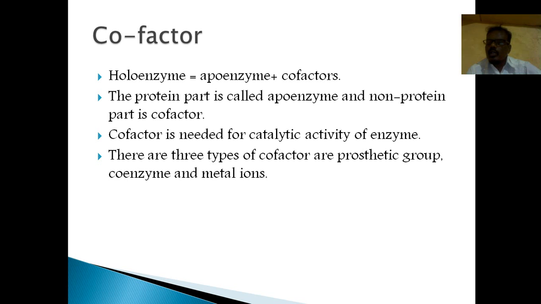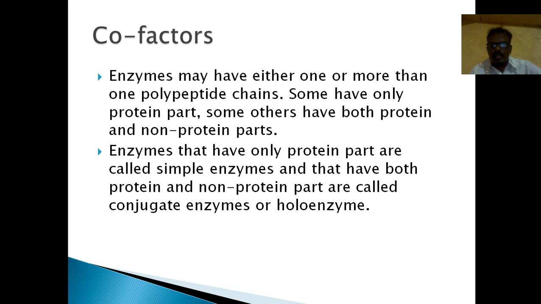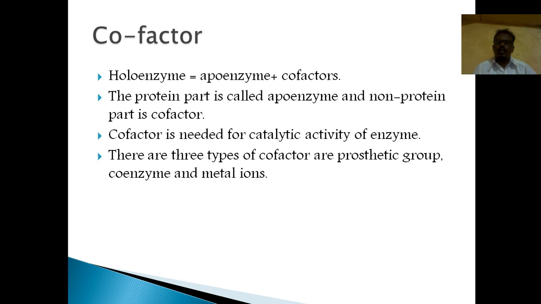So you know simple enzymes are the enzymes which have only a protein part. Conjugate enzymes, otherwise holoenzymes, are enzymes which have both protein as well as non-protein parts. So apoenzyme and cofactor together are called a holoenzyme.